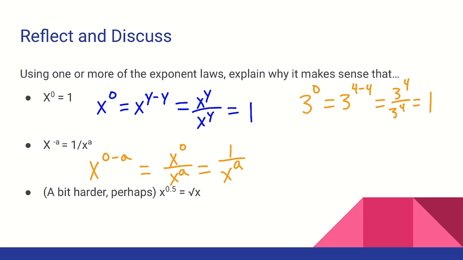This next one, this is a square root. Sorry, it didn't look like it. So this is saying, all right, x to the 0.5 is equal to square root x. And you may think to yourself, wait a second, why would that be true? X to the 0.5 is equal to square root x. Well, let's think about it.